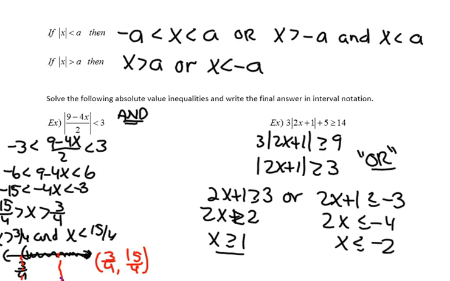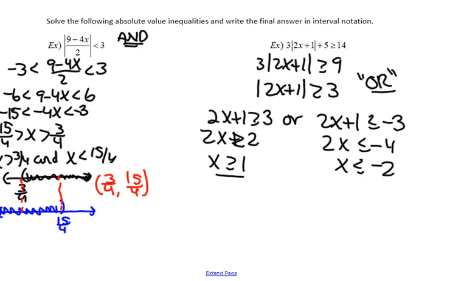Okay. All right, so from there, then, I'm going to sketch these on a number line. Now, remember, it's an or statement. So let's do 1 first. Okay. Now I will do -2. Okay.